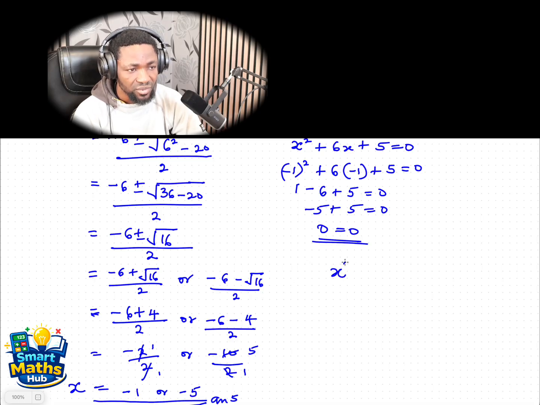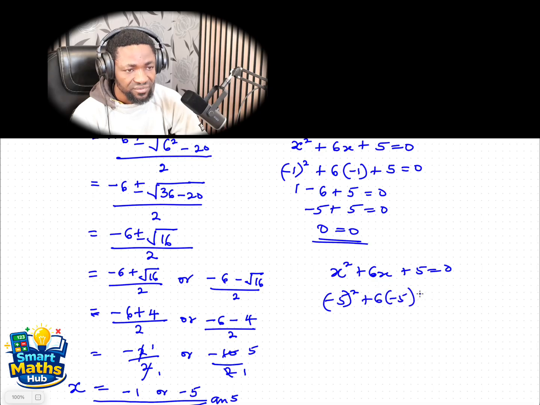x squared plus 6x plus 5 equals to 0, right? So we have minus 5 there: minus 5 raised to power 2, put inside the bracket, plus 6 times minus 5, plus 5, everything equal to 0. Now remember, 5 raised to power 2 is 5 times 5, we have 25.